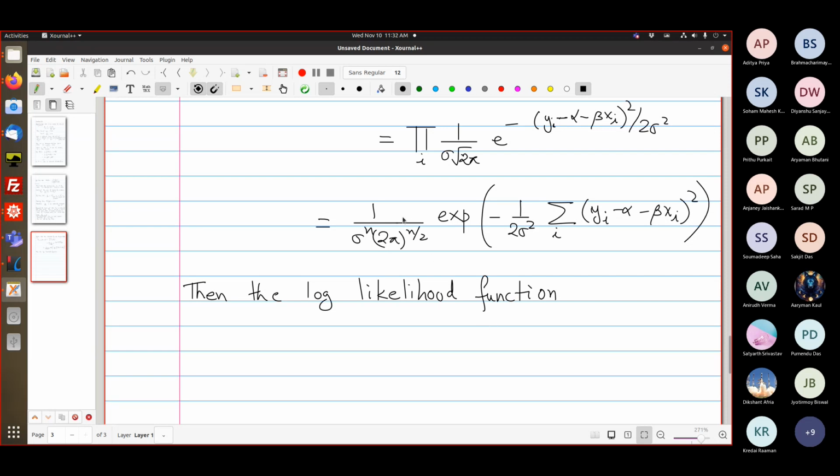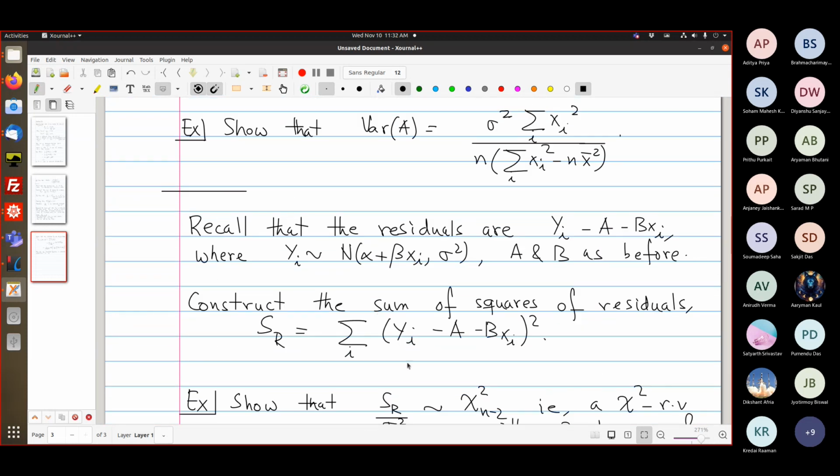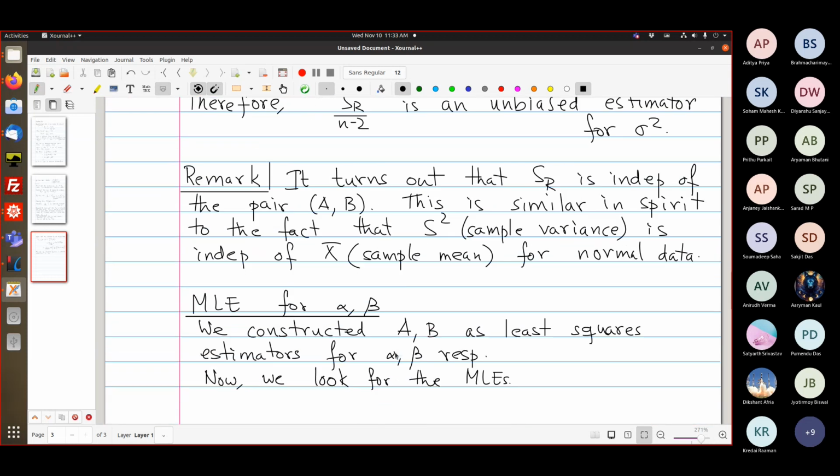There's an additional constant, and a proportionality, but all that is not going to matter. The log likelihood function is essentially proportional to SR, the sum of squares of residuals that we just defined.